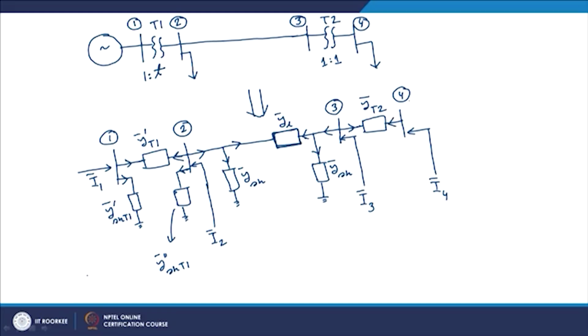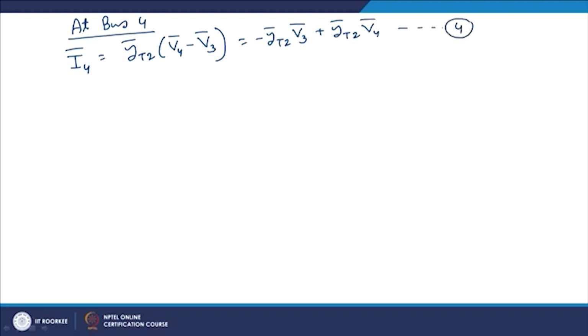So, it is YT2 into (V4 minus V3). So, this is equal to minus YT2 into V3 plus YT2 into V4. So, this is equation 4.